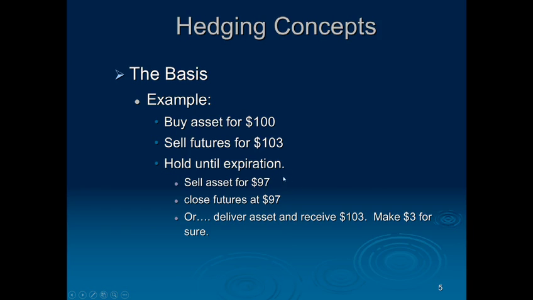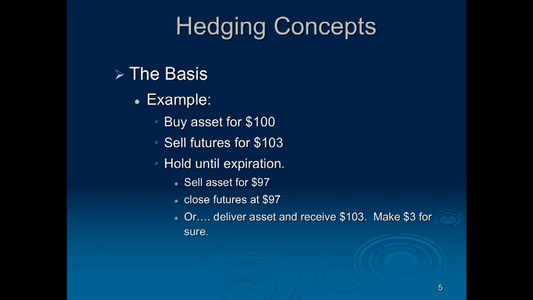That's correct, but I'm looking for a particular terminology here. Yes, the law of one price. The law of one price means if you have two items that are identical in every way, then they must be priced the same. In other words, the price must be identical. That's basically what I'm looking for.